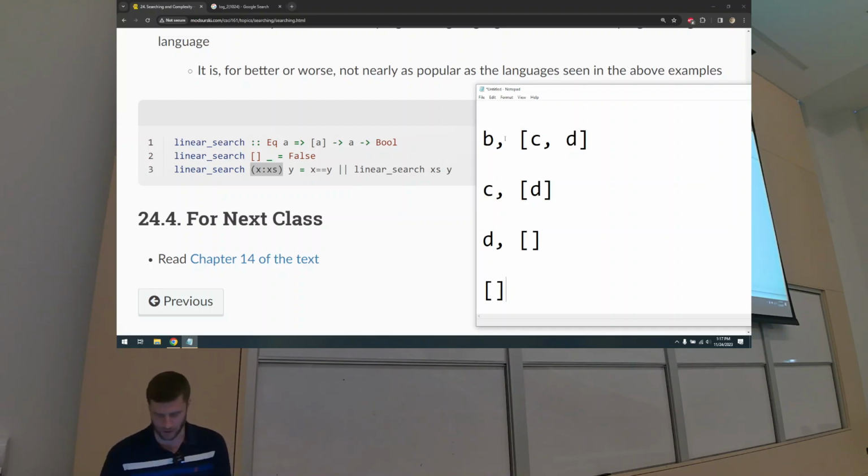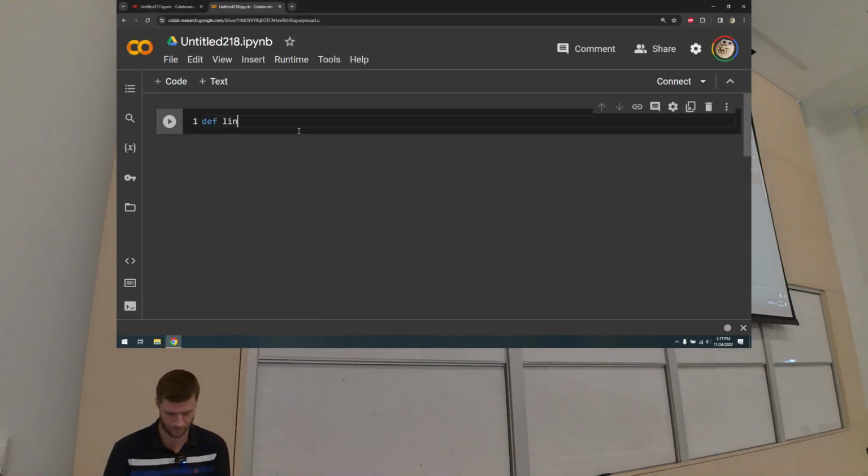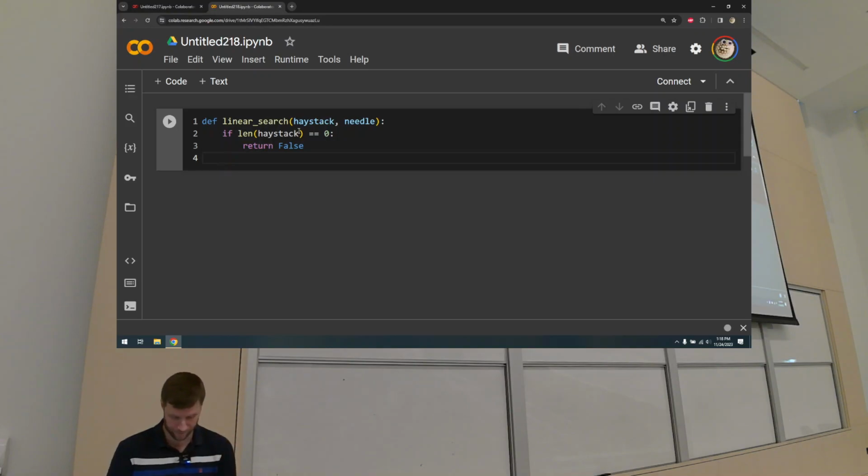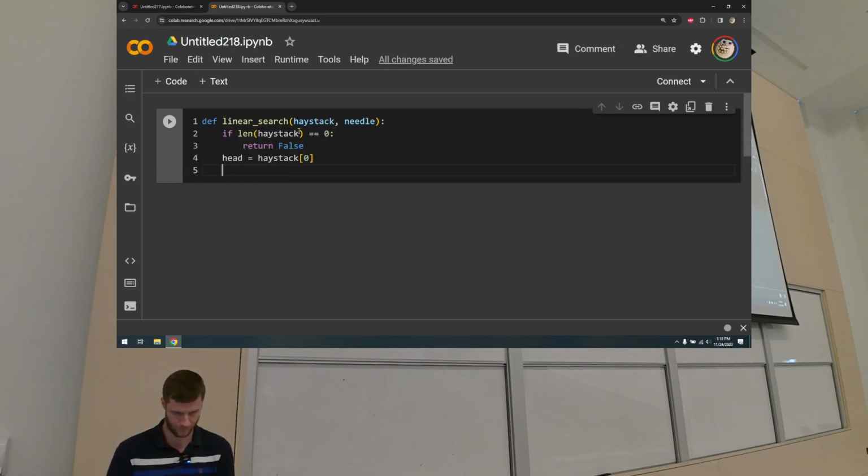I'm going to write this in Python real quick. Remember, this just means go from index 1 to the end, right?